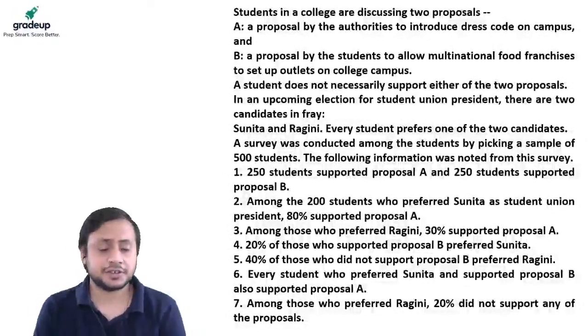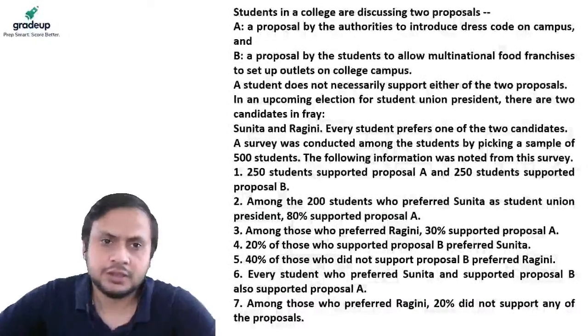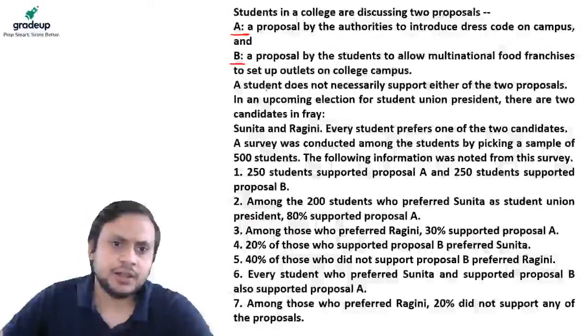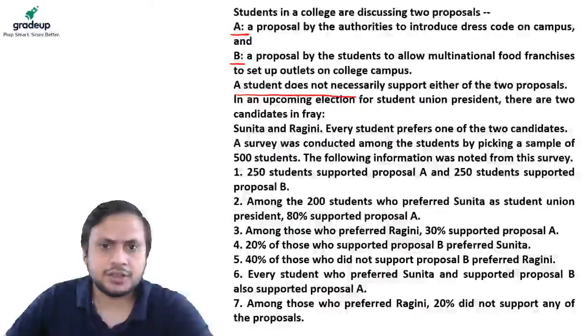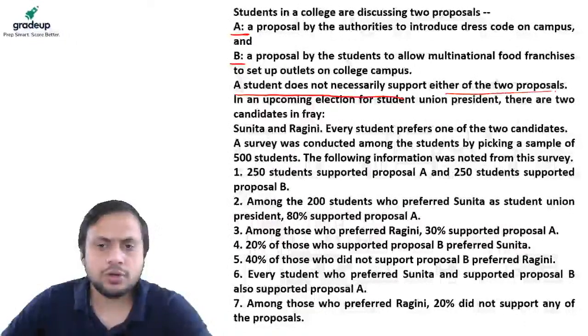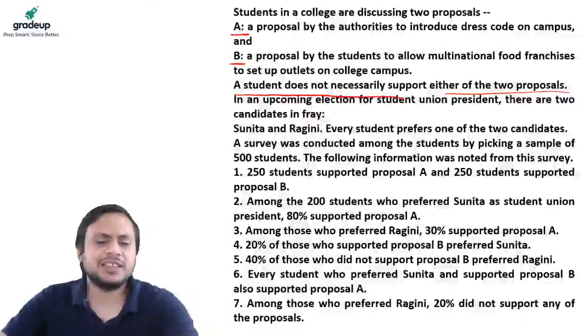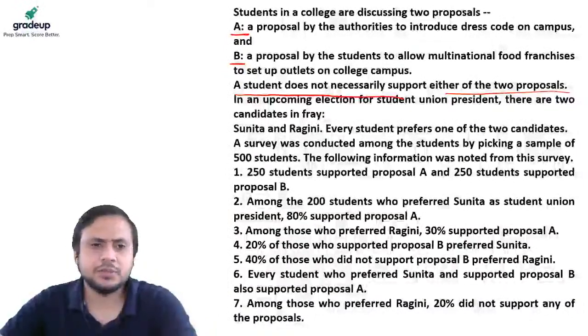Okay, now let's discuss it. So see, guys, the students are discussing two proposals A and B, right? A student does not necessarily support either of the two proposals. So there are some students who are supporting neither A nor B, quite possible.